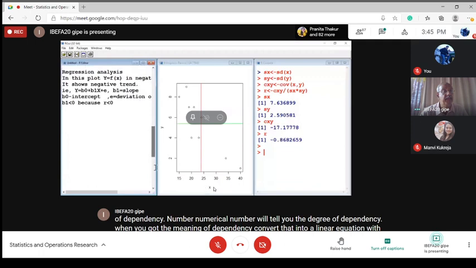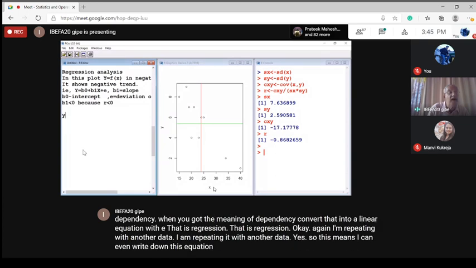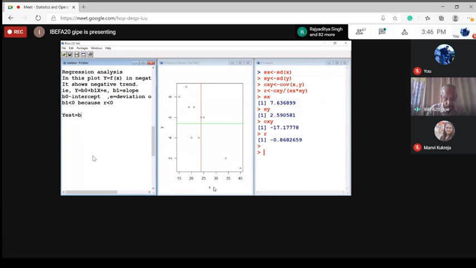So this means I can even write down this equation as y estimate, the hypothetical line, equal to P0 plus P1x.